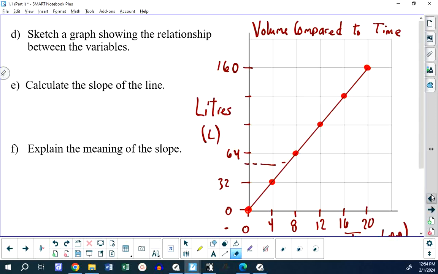So we've done D, we've sketched the graph. What's the slope of the line? By a show of hands, I know there's not a lot of people here, but yesterday we found slope using rise and run, and we drew a triangle. Remember that? I'm going to call that the triangle method.